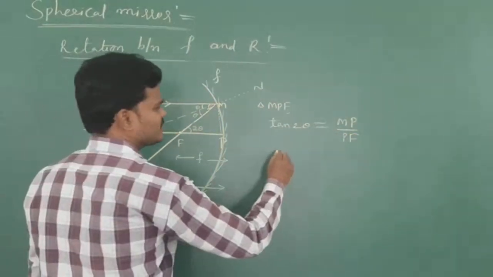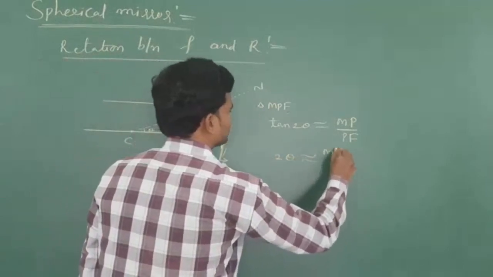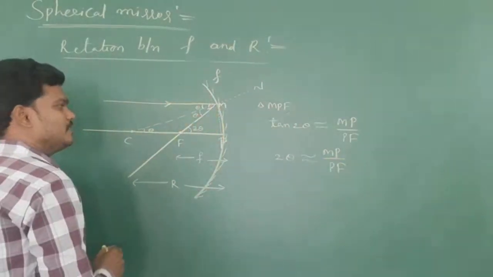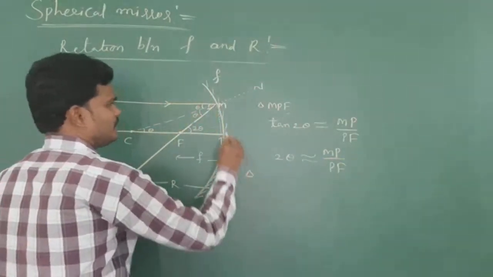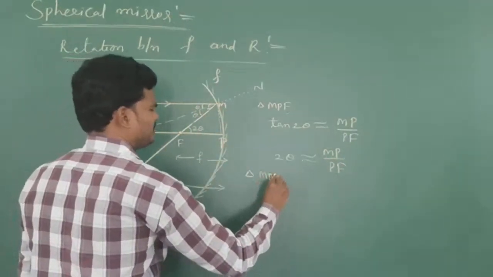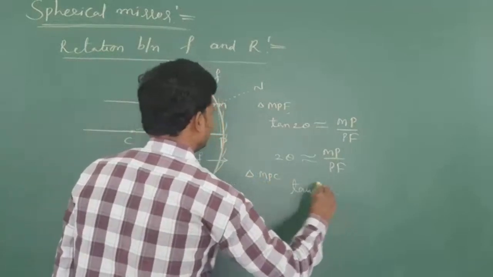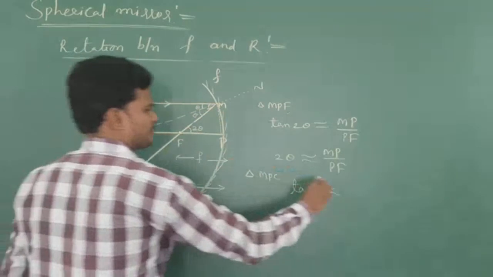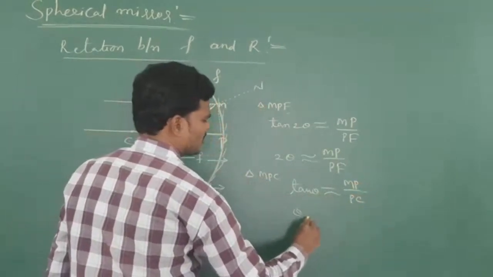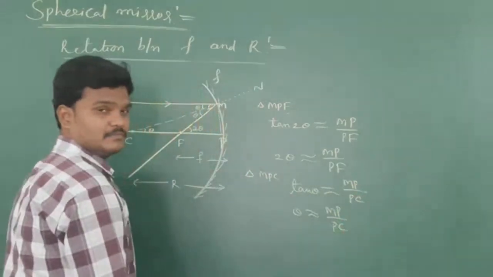So for small angles, we can replace tan 2 theta as 2 theta equals MP by PF. And use one more triangle, MPC. In MPC we can write tan theta is equal to MP by PC. So for small angles, theta is equal to MP by PC.